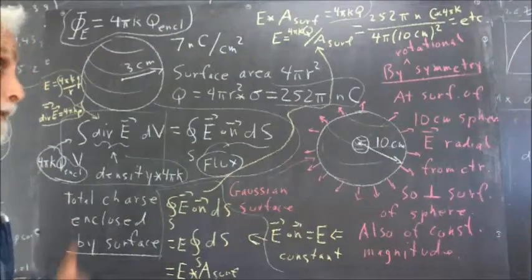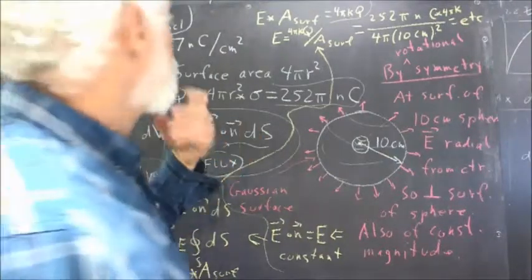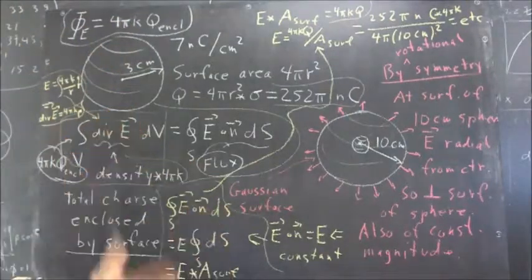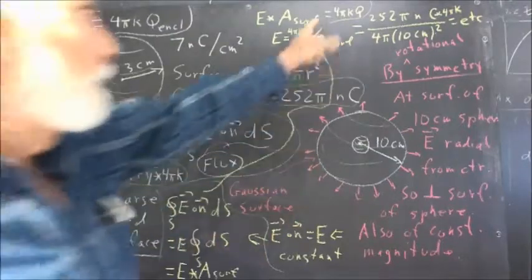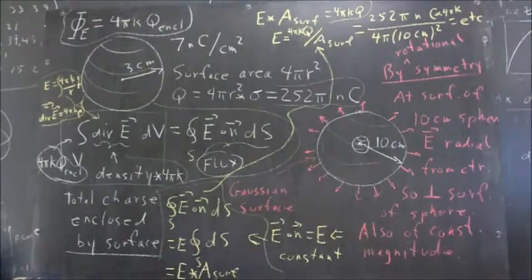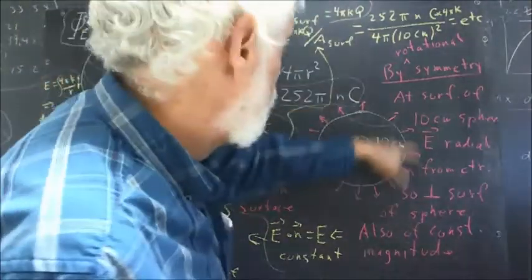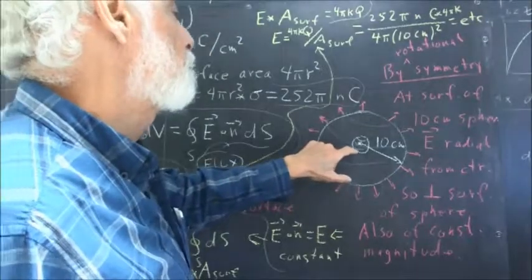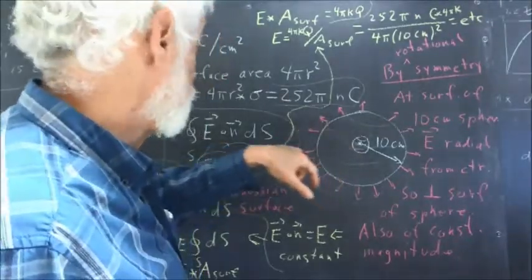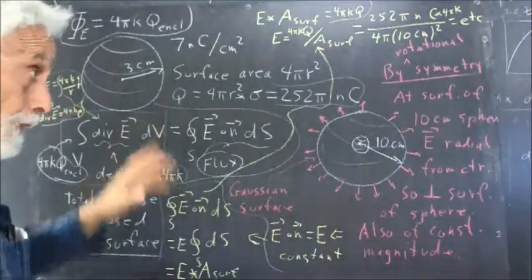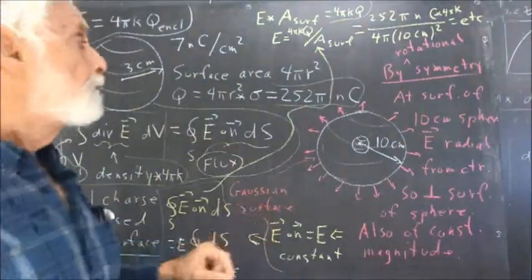But I gave you the principle originally, saying that the flux of any enclosed charge through any surface enclosing that charge is 4 pi k q, where q is the total charge within the surface. And the total charge within this surface is just the charge on this sphere, this 3 centimeter sphere, the 10 centimeter surface surrounding the 3 centimeter sphere, concentric with it.